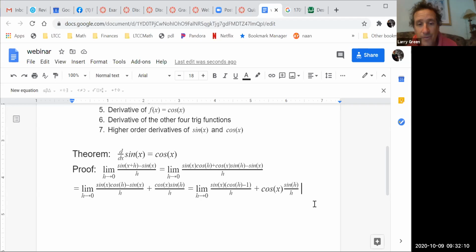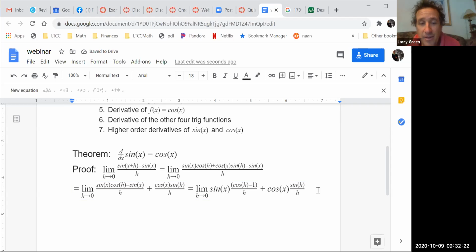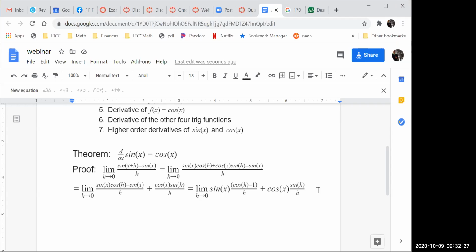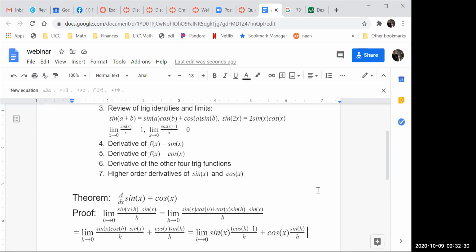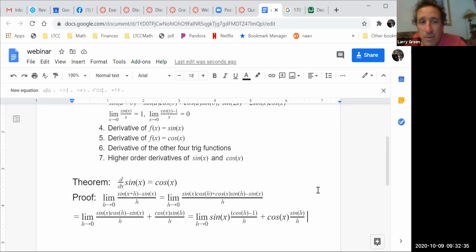Why is that helpful? And by the way, I could take that sine of x and do the same thing. Why is that good? The hint is, if we go up here, I gave you a little review of what we did with limits in trig. Yeah, we know sine of h over h goes to 1. And what about cosine of h minus 1 over h?